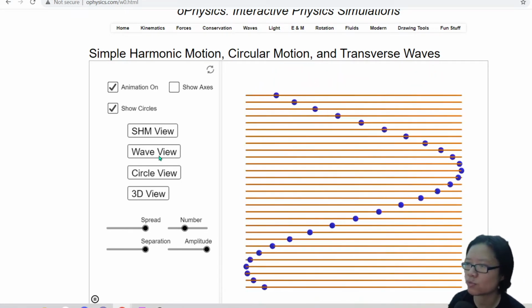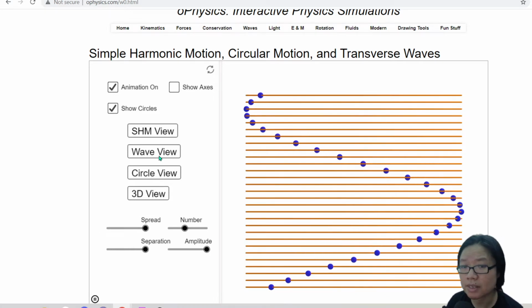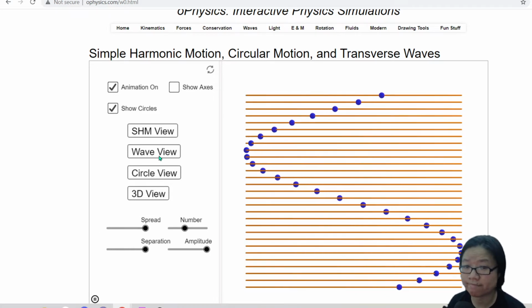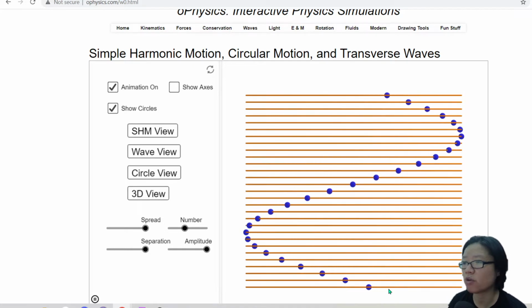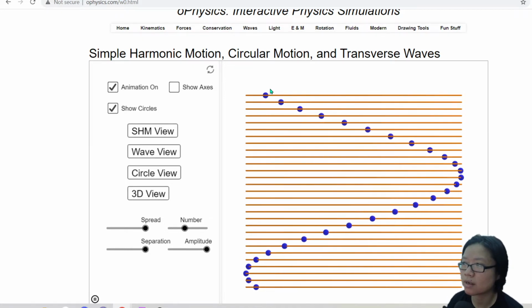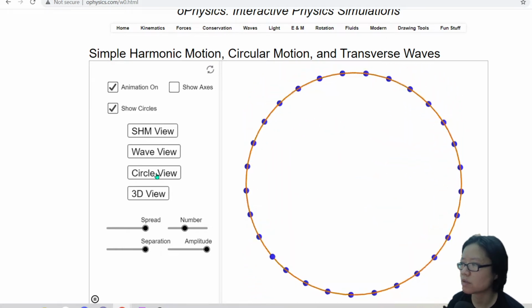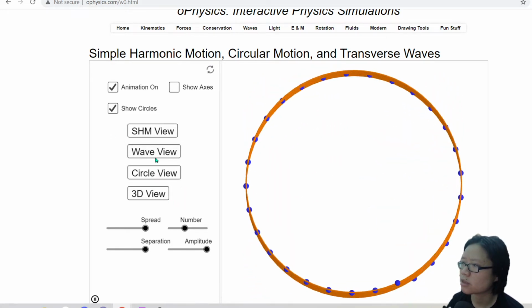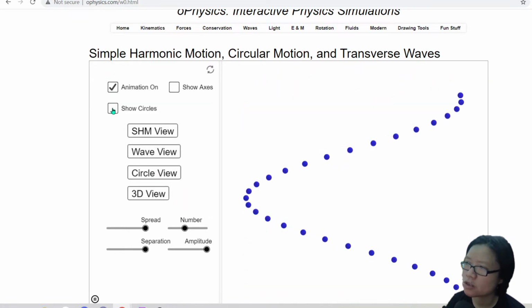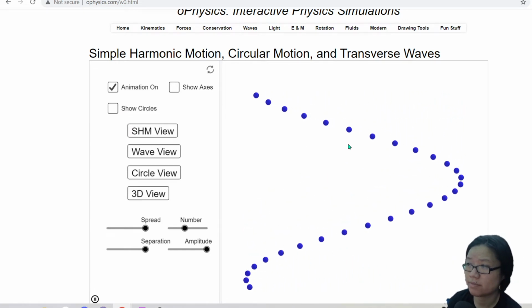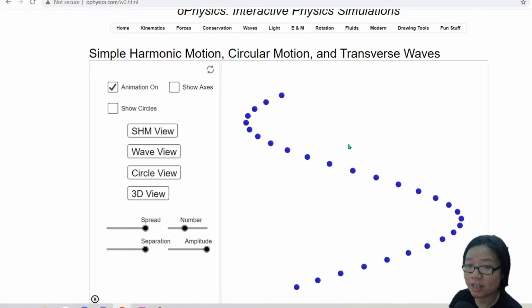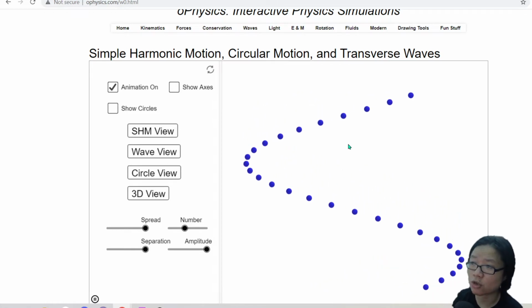Let me show you. Is it familiar? This is a transverse wave. You will see that the wave pattern looks like it's traveling from downward to upward. Maybe I remove the circle. Do I show the circle? I'll show the wave. So this is a transverse wave. From this perspective, if I don't give you any context, you will say, okay, this is a transverse wave.